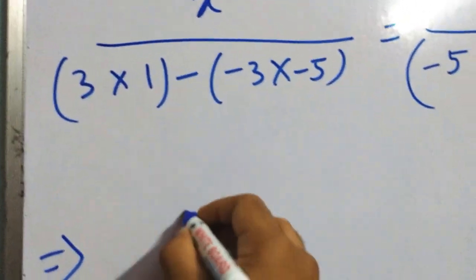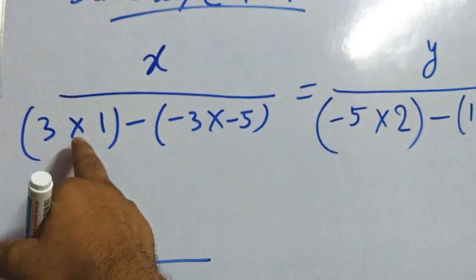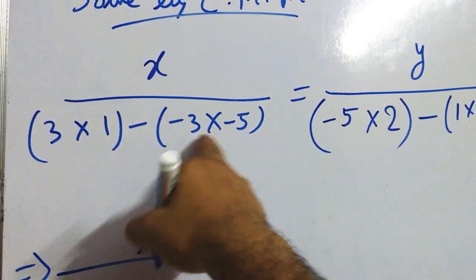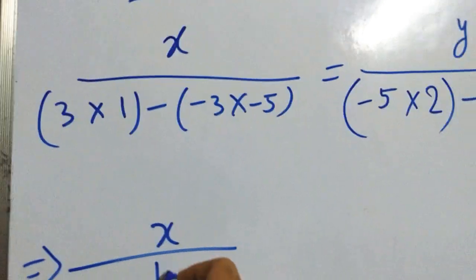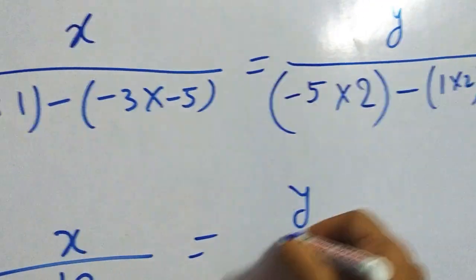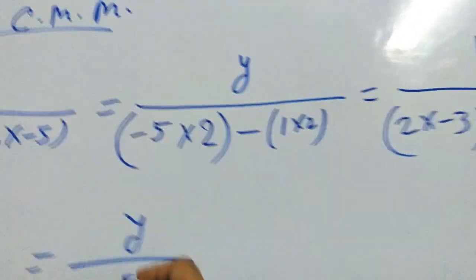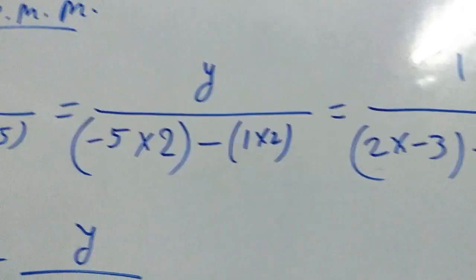Now the easiest part. x by, here it is 3 minus, and minus minus plus, so 15; 3 minus 15, directly I am writing minus 12. y by, here it is minus 10 minus 2, so minus 12 here also.